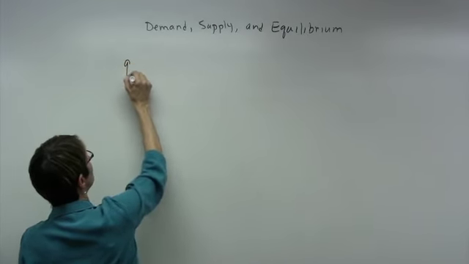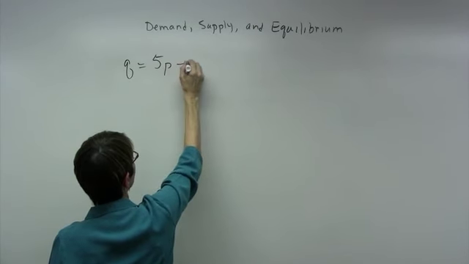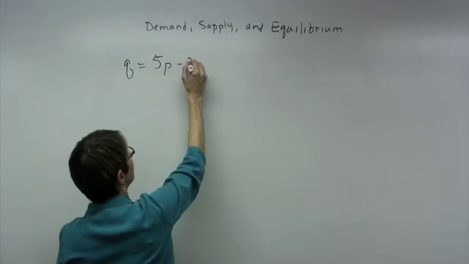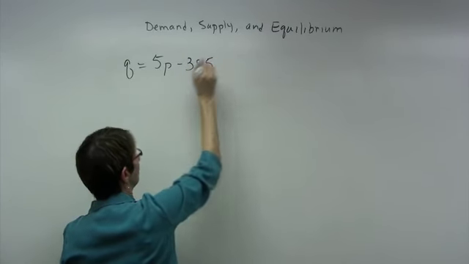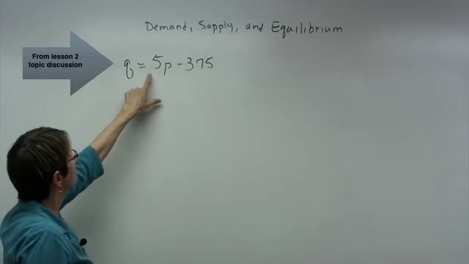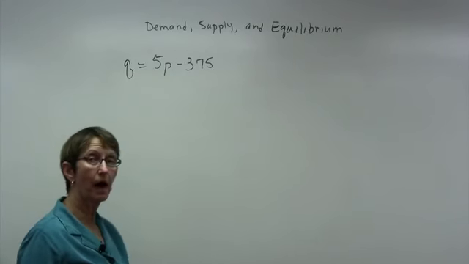Suppose I have Q equal to 5P minus 375. Positive slope. This is a linear function. The slope is positive.